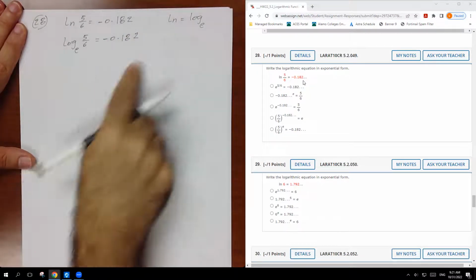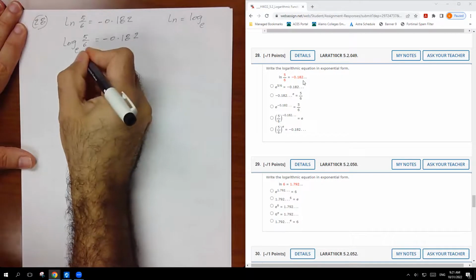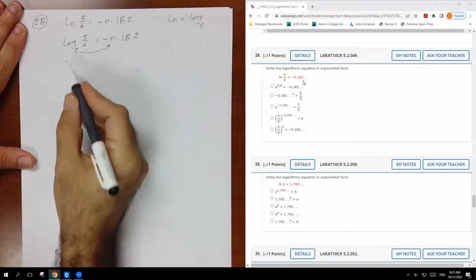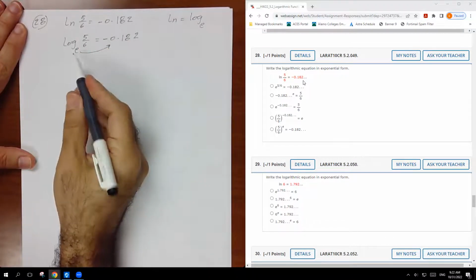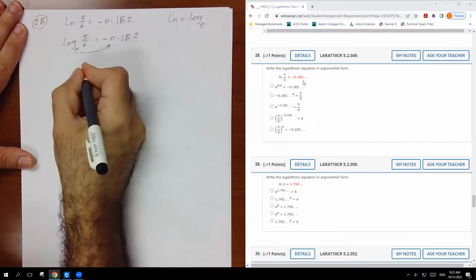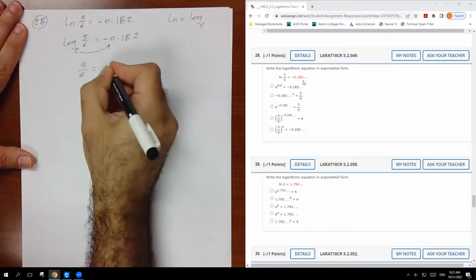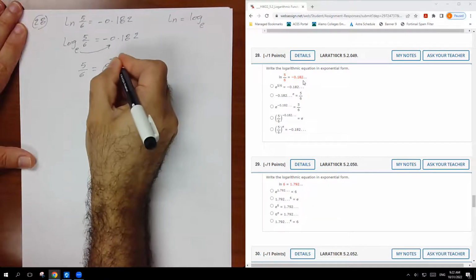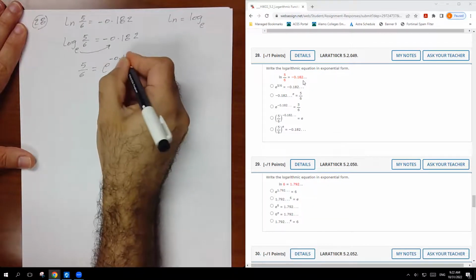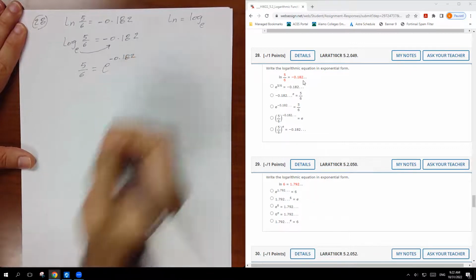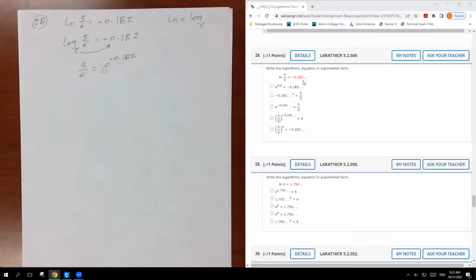Now to write down the exponential form, I have to move the base to the other side. Here is my base, which is the exponential. Cancel the log. That means the left on this side, 5/6, equals e to the exponent negative 0.182. That's it for this example.